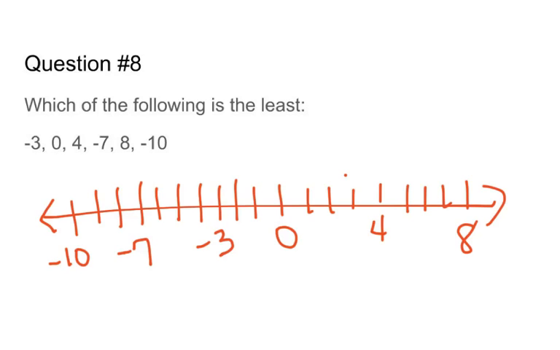Now, looking at the number line, which of the following is the least? The one farthest to the left, -10. So on your assessment, if you need to, draw yourself a number line, put 0 in the middle, mark off the whole numbers to the right, and the opposites of those whole numbers to the left to make your comparisons.